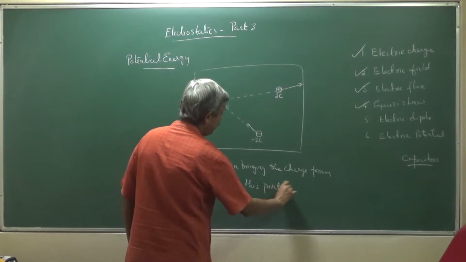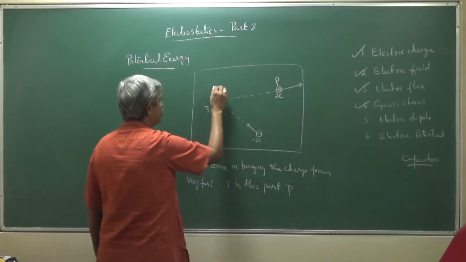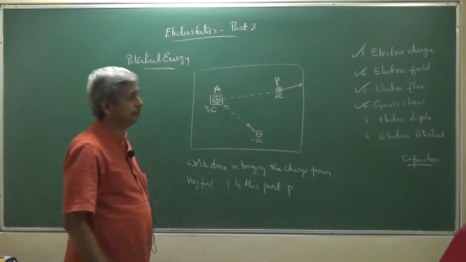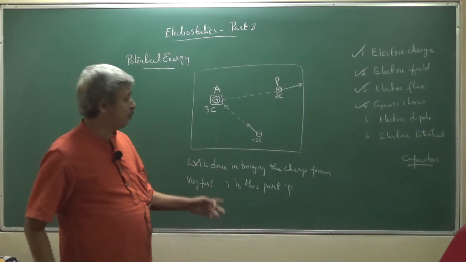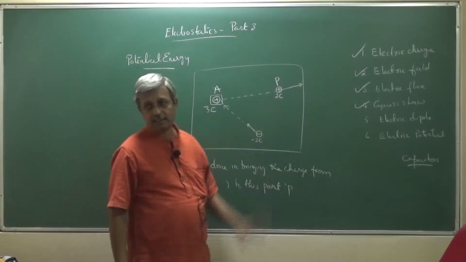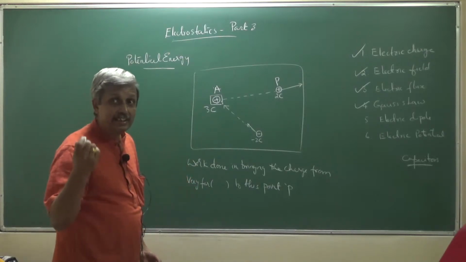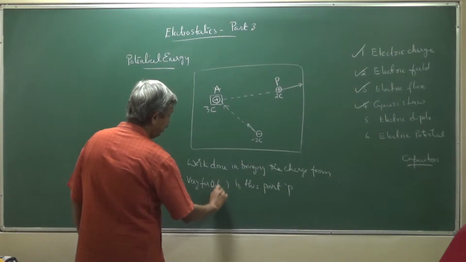Let's call this point P and this point, let's say, A. So from somewhere I am bringing one charge and putting it here. From very far, I will use a very idealistic name for that. Very far I can write as infinity.